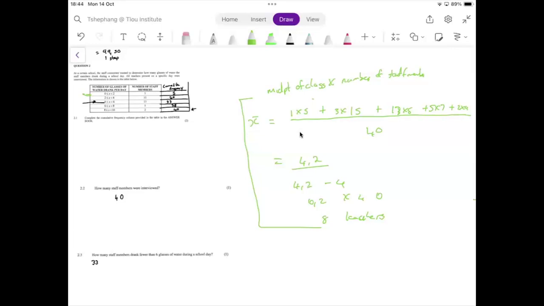It is 1. What's the number of staff members? It's 5. That's why we have 1 times 5. Now, the second part, we said the midpoint of 2 and 4 is going to be 3 multiplied by the number of staff members, which will give you 45. And then the next one, the midpoint is 5 multiplied by 13, and so forth. And that's how we go about it.